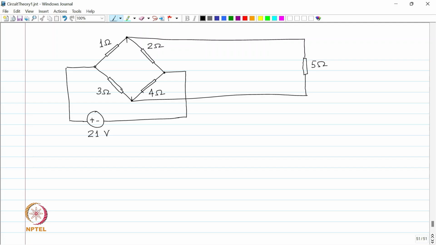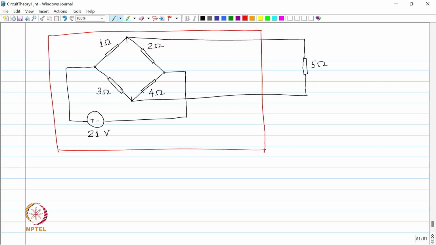Just by the way, if the 5 ohm had not been there, could you solve the circuit? Yeah, it is trivial, nothing much. So, we are going to pull the 5 ohm resistor way outside, and this is going to be our box, Thevenin's box. Thevenin has a box with a port sticking out, remember, he had a network N with a port sticking out. So, this is that network N with a port.